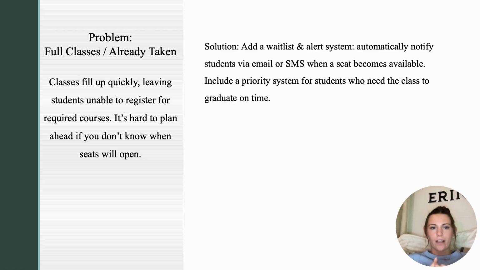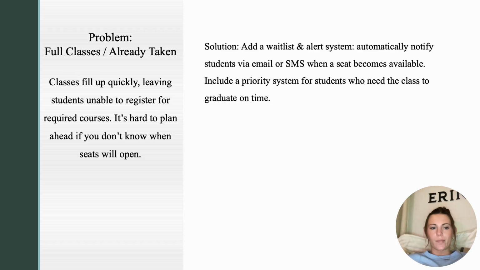So the solution for this was to add a wait list and an alert system in a way where it automatically emails students when a seat becomes available, especially for the ones that need to graduate on time.